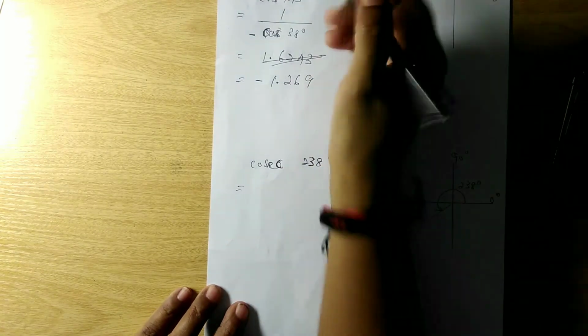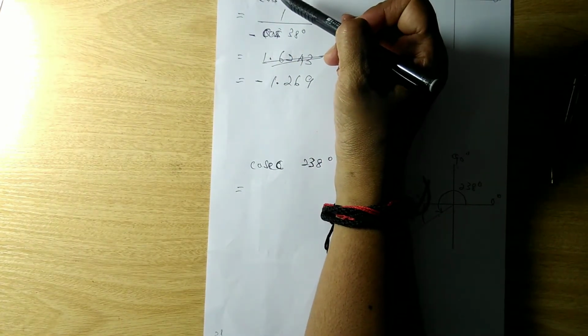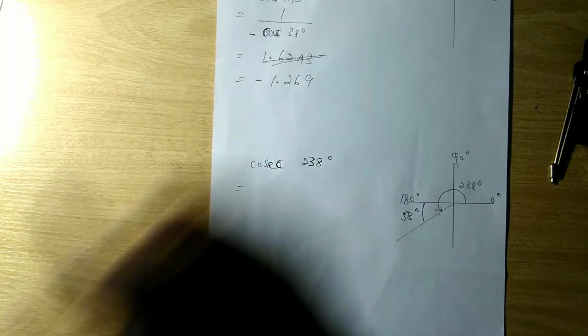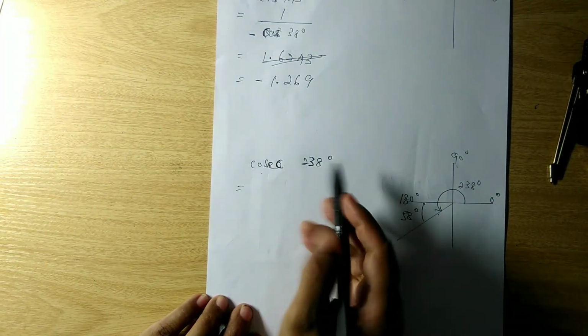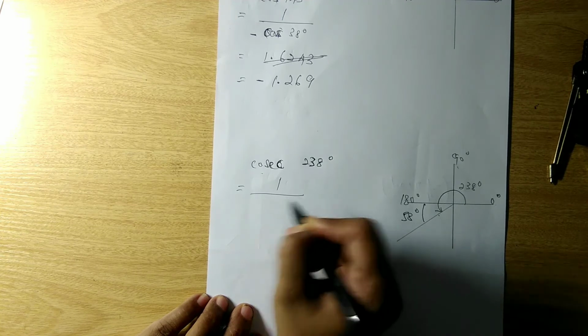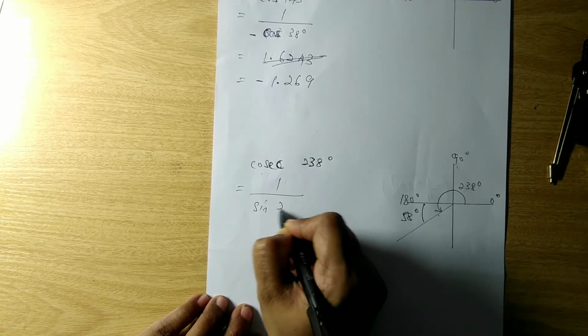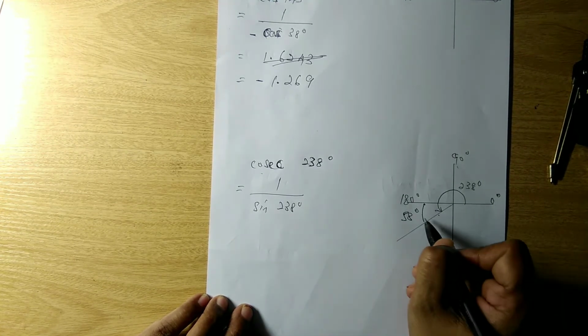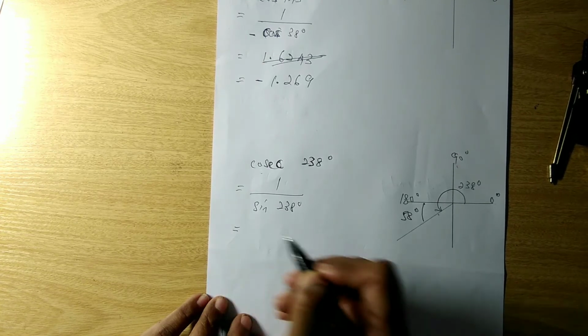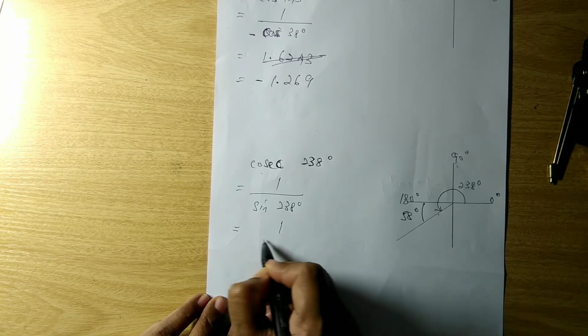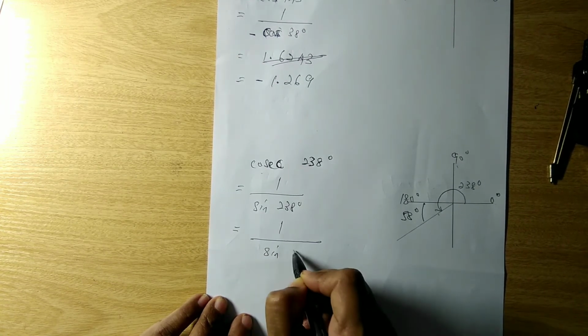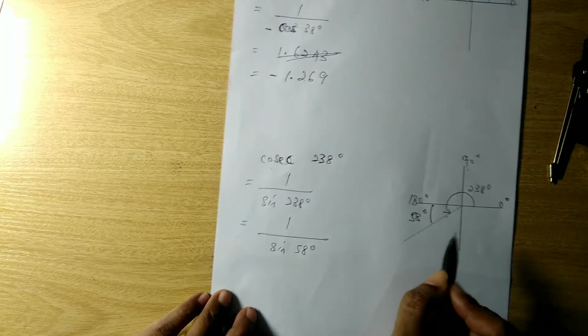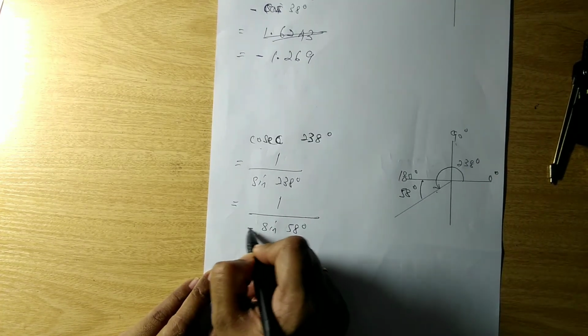Okay, so cosecant is 1 over sine 238. So here just now we got 58 degrees. So 1 over sine 58 degrees. Now sine is actually in the third quadrant, so this is a negative. So use your calculator.